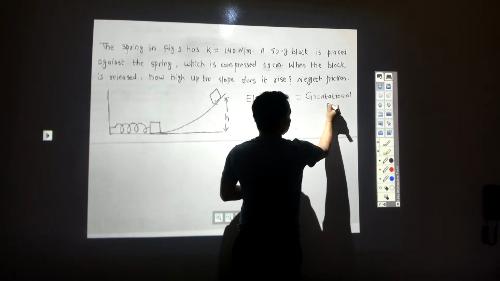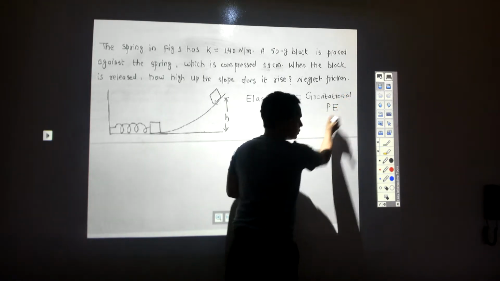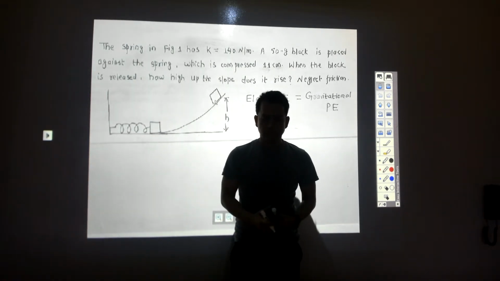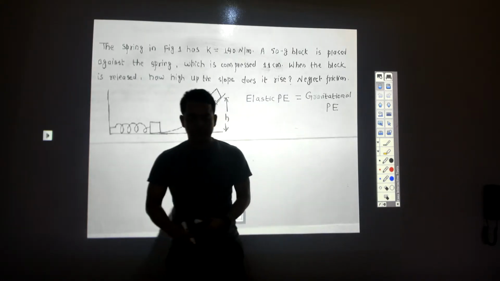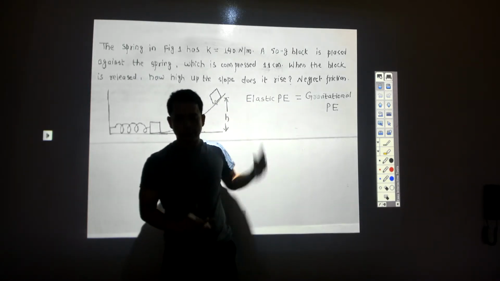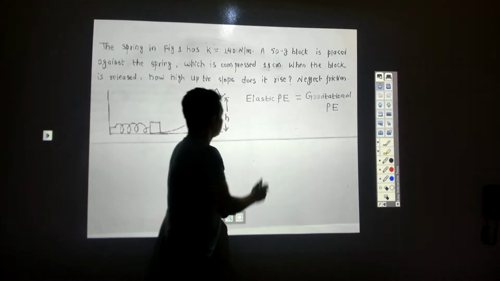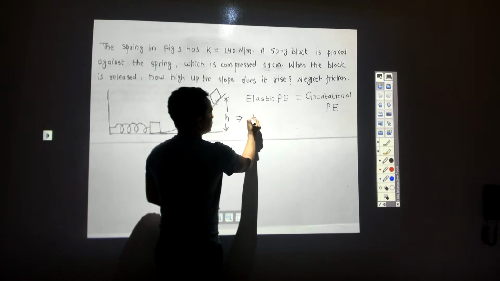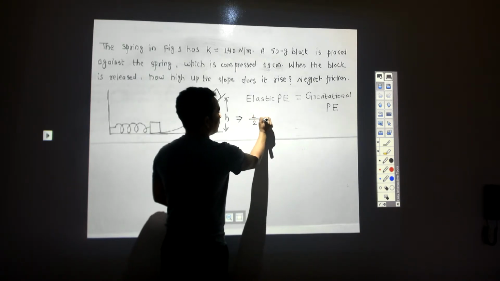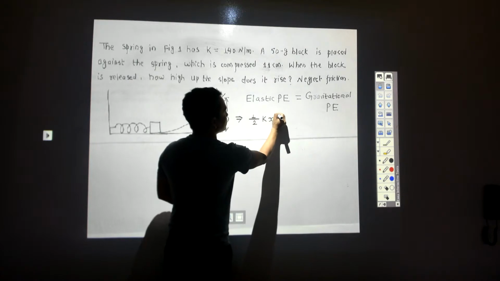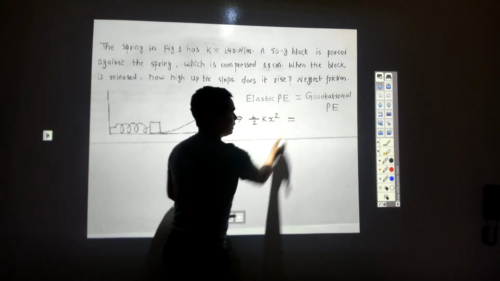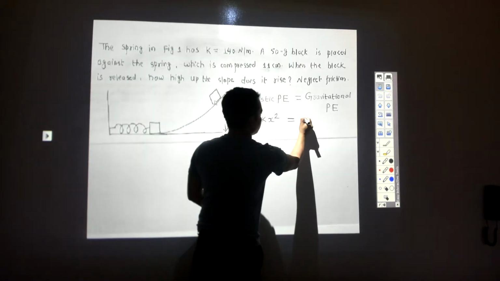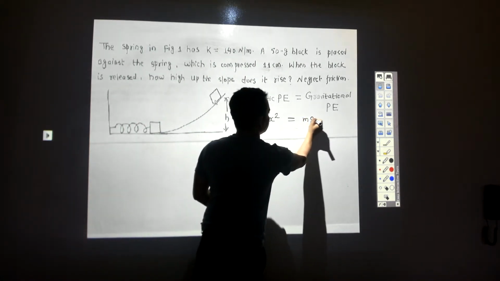You need to know what the elastic potential energy is. This is a property of a spring, and the elastic potential energy is half k x squared, and the gravitational potential energy is simply equal to mgh.